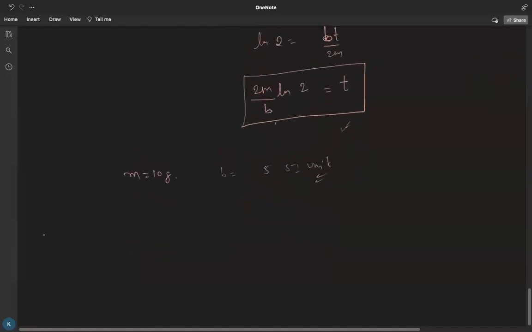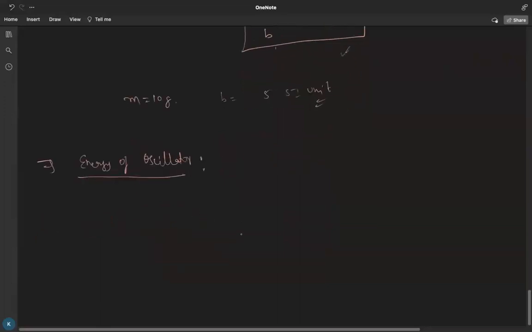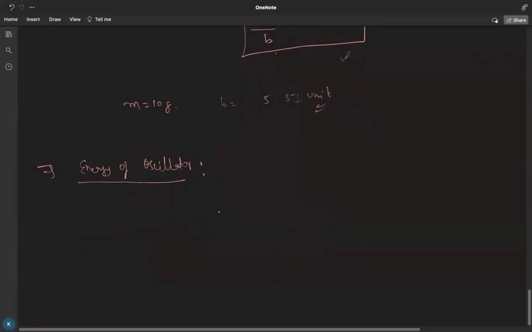Now let's talk about one more thing, the energy of the oscillator. When I'm talking about energy, I'm talking about the total energy. We all know that the energy is usually half K A square, the total energy of this kind of system.